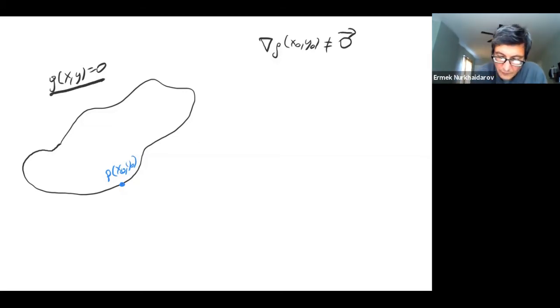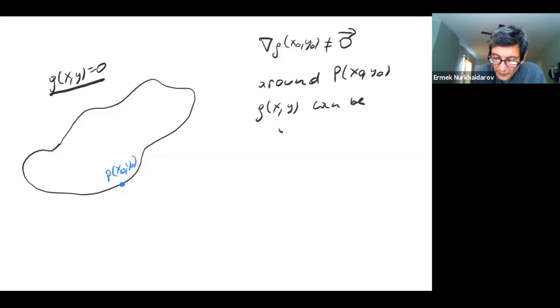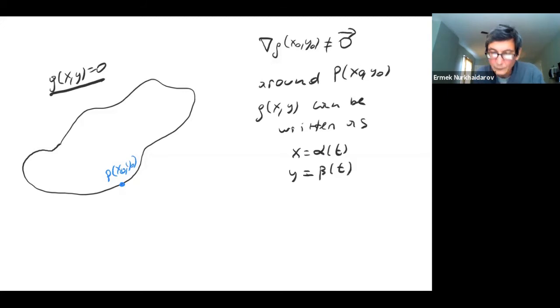So around point P with coordinates x0, y0, g of x, y can be written as x is some function of t, y is some function of t.